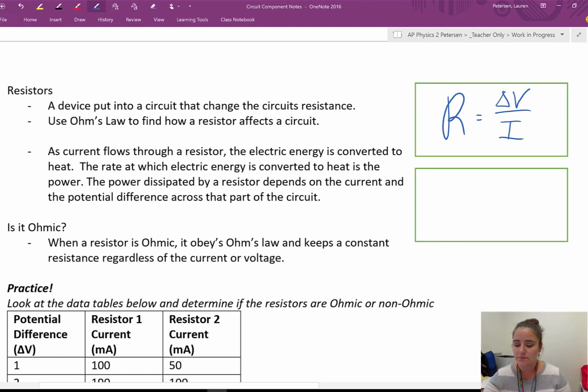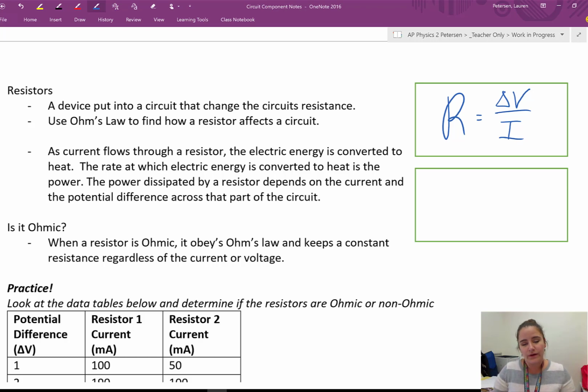It's the potential difference divided by the current. Okay, and this is what kind of provides the power to a circuit. So as current flows through a resistor, that electrical energy is converted into heat, okay, sometimes. Or if the resistor is a light bulb, it's converted into light energy. If the resistor is a motor, it's converted into mechanical energy, okay?